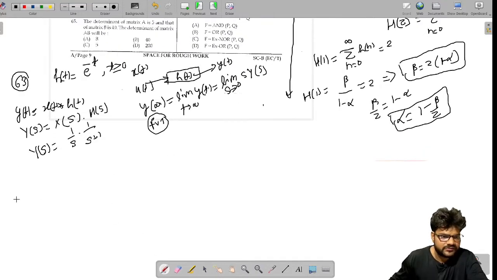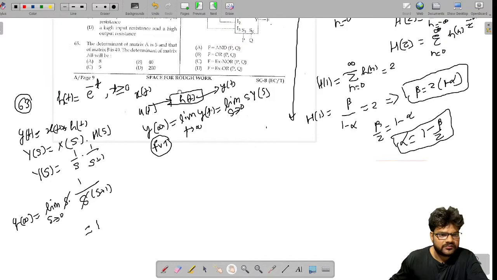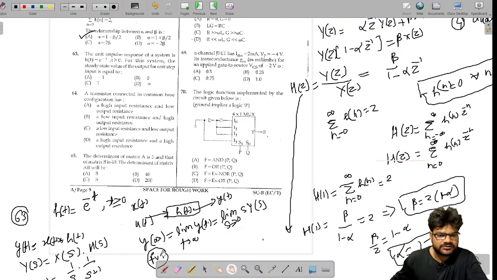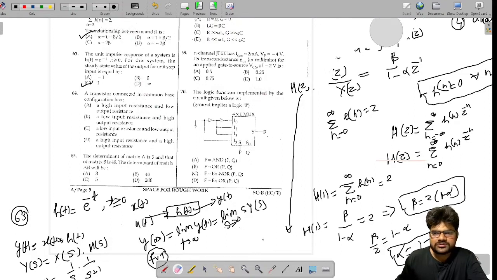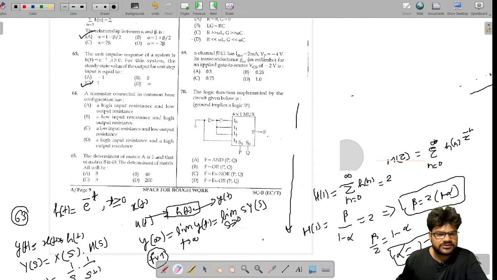So y of infinity equals the limit s tending to 0 of s into 1 by s into s plus 1. So s is going to be cancelled out, we put s equals 0 here, and we get 1. So the correct option of question number 63 will be C. So the answer is C.